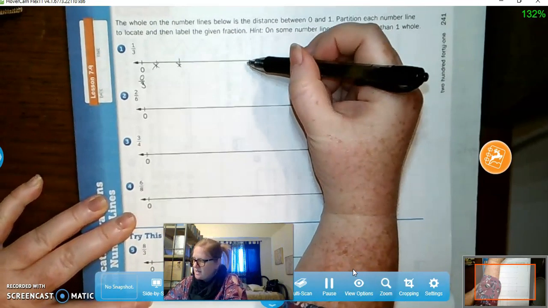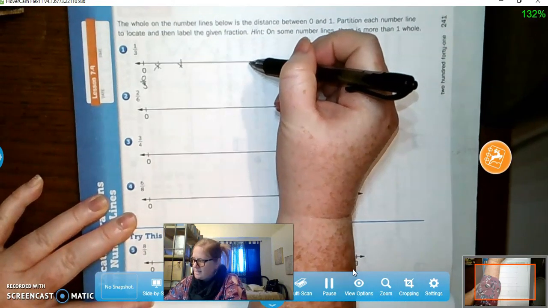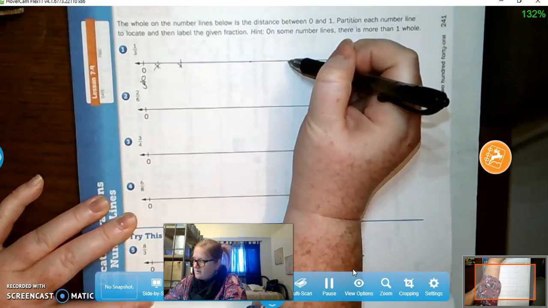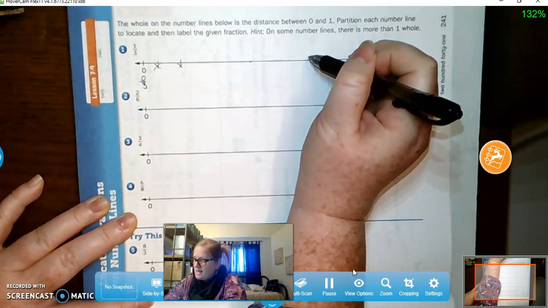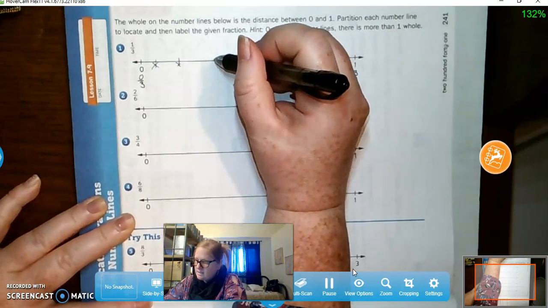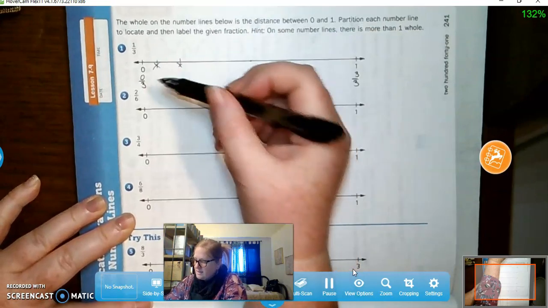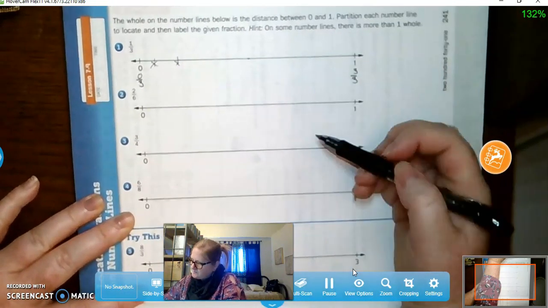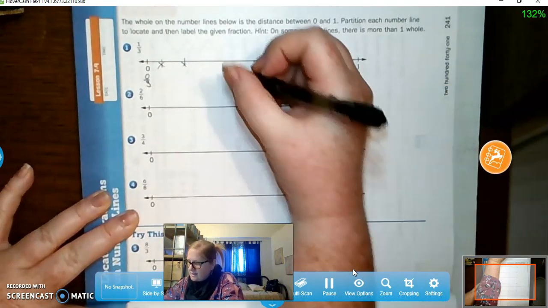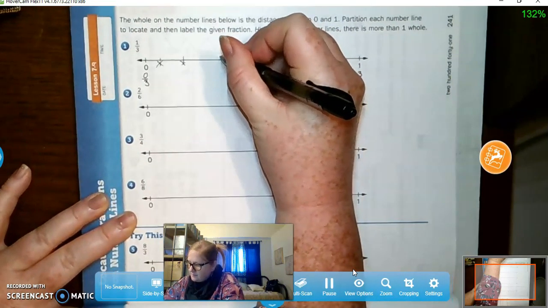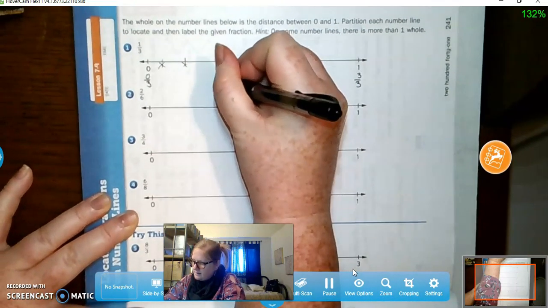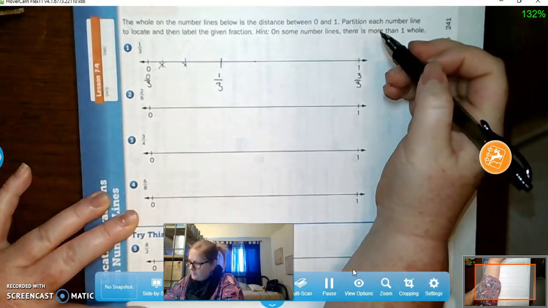So I need to make sure that whatever distance is from wherever I plot 2/3 is going to be the same distance to 1/3. That is from 0/3. So I gotta kind of guess a little bit, okay? So I'm gonna put my line right here for 1/3, okay?